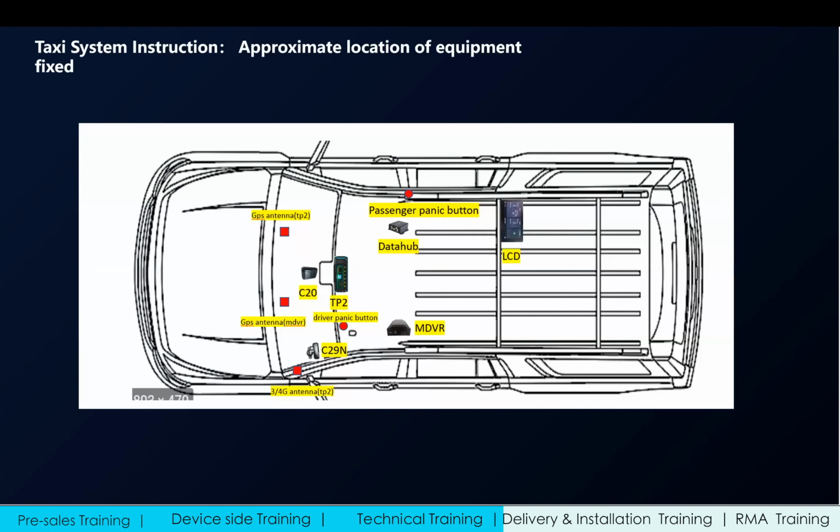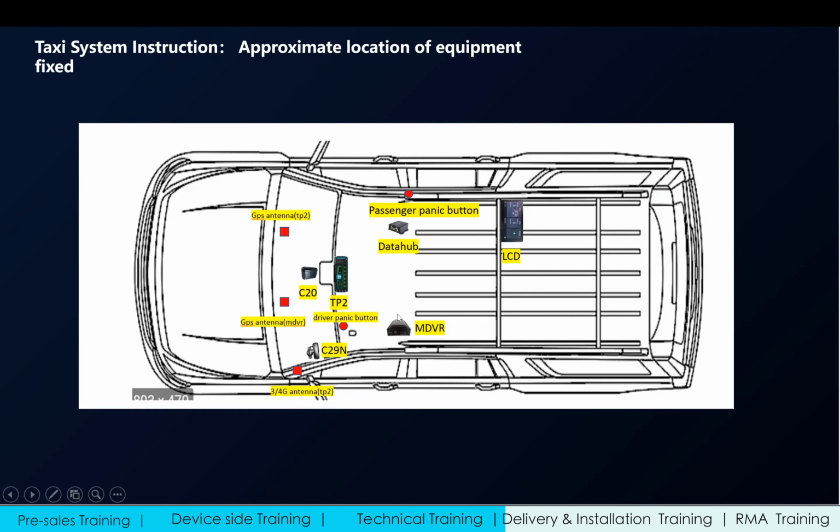For the taxi solution, usually we have the below components which are used most. First one is the TP2, the driver operation screen. Then we have some cameras focused on the front road monitoring, like the C20 camera or some ADAS camera. And for driver behavior detection, we have the DMS camera C29N.